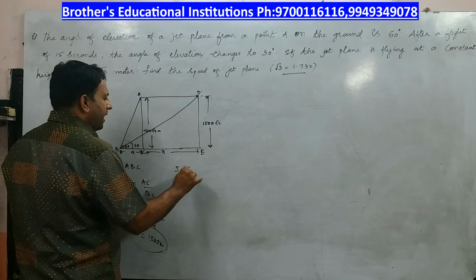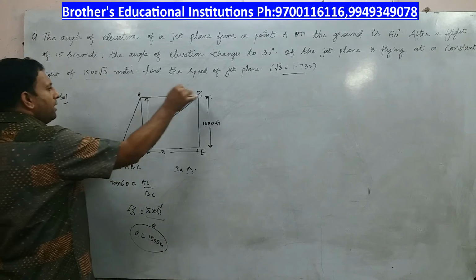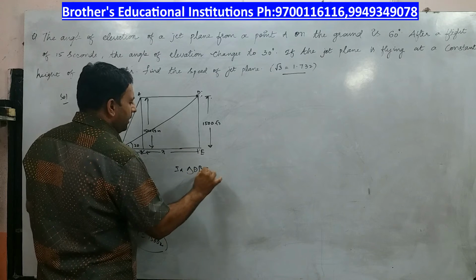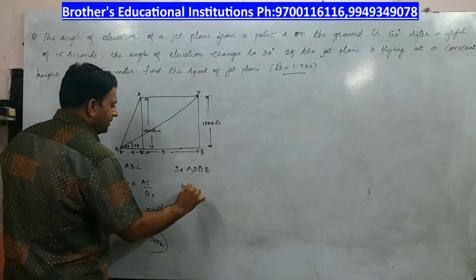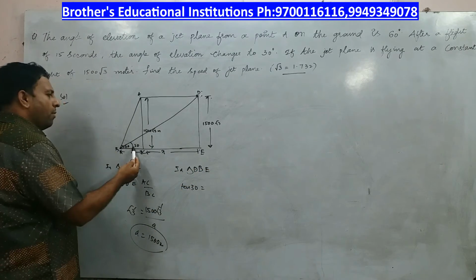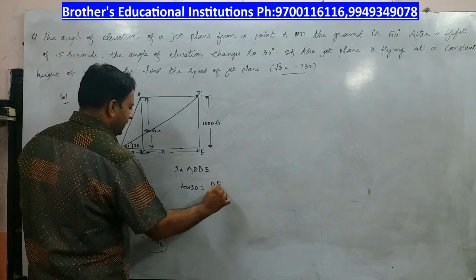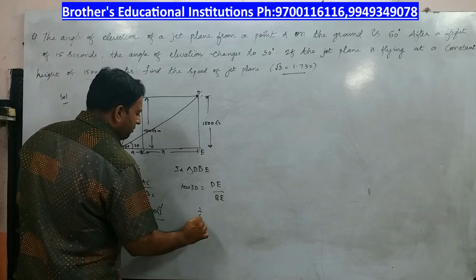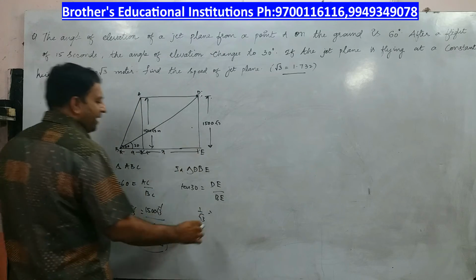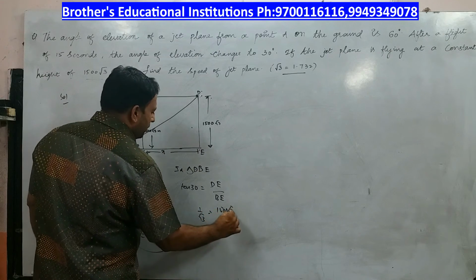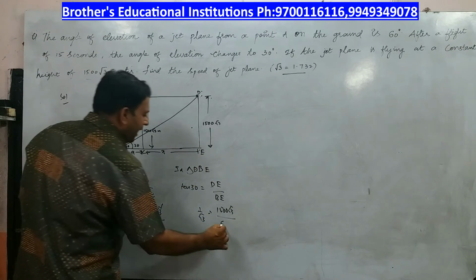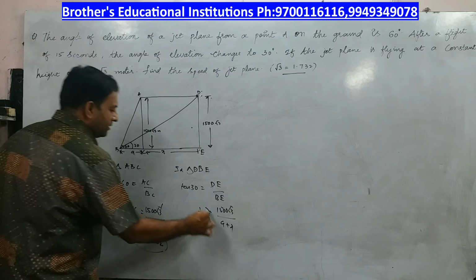Now I will take triangle DBE, tan 30 degrees. Tan 30 degrees is equal to opposite to 30, which is DE, by BE. Tan 30 value is 1 by root 3. DE value is 1500 root 3, by BE, which is nothing but a plus x. So let us cross multiply.